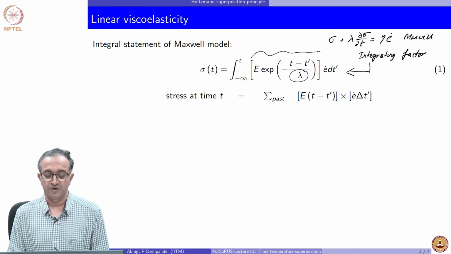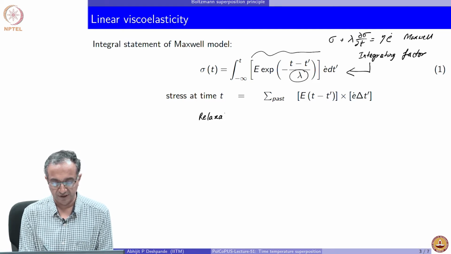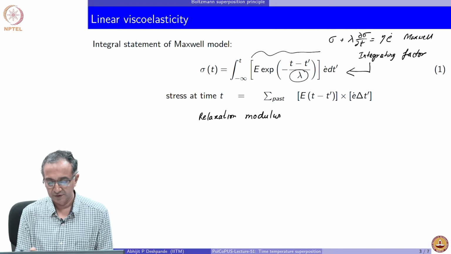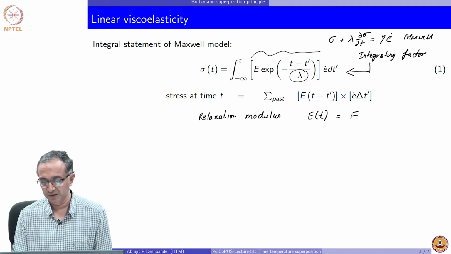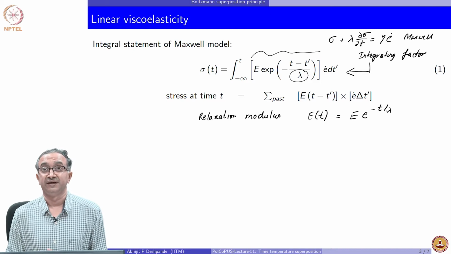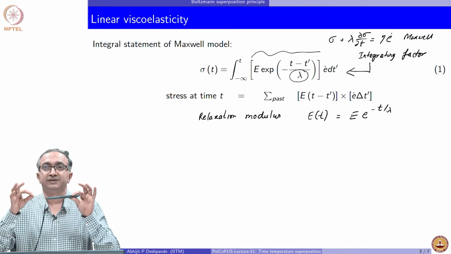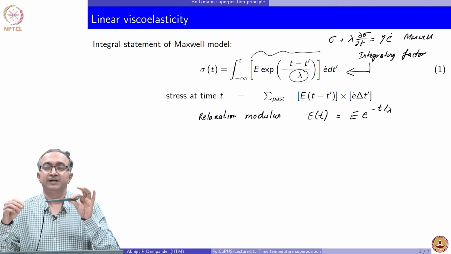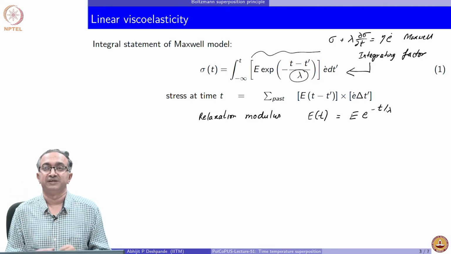And if we look at this expression a little closely, this quantity in brackets is the relaxation modulus. If you remember, relaxation modulus for the Maxwell model is just an exponential decay. If I take a Maxwell material and apply a constant strain on it, the stress will decay to 0 over some time, and how much time it takes will depend on the relaxation time of the material.